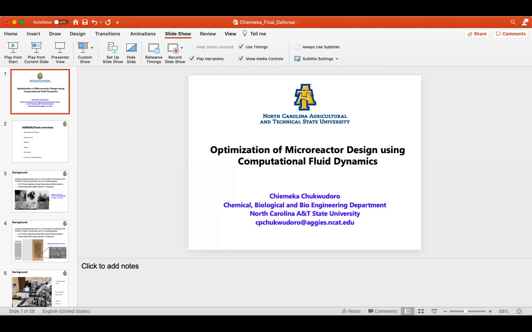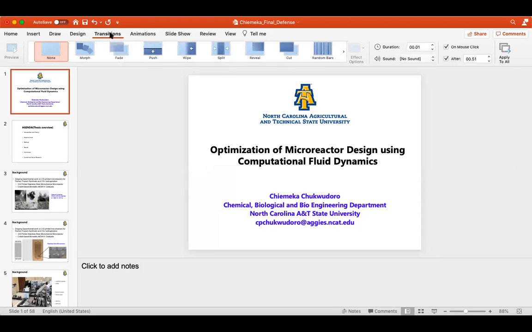Where is it? Okay. On transitions, you see transitions in PowerPoint at the top. On the right-hand side, you have advanced slide. What do you see? You see on mouse click, and then there's after something, right? On the transitions tab on the right-hand side completely, you should see advanced slide.